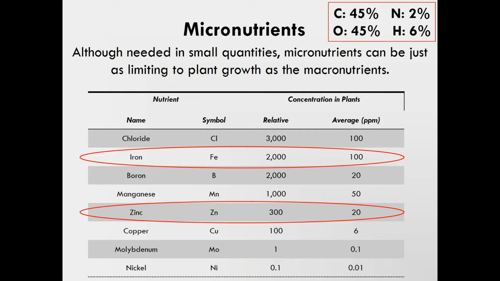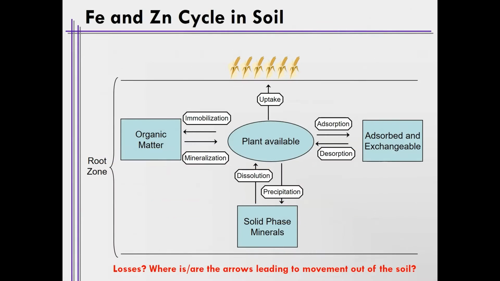So how do iron and zinc become available in soils? To answer that question, we need to understand how iron and zinc cycle within soils themselves. There are actually 4 major pools by which iron and zinc cycle within soils.